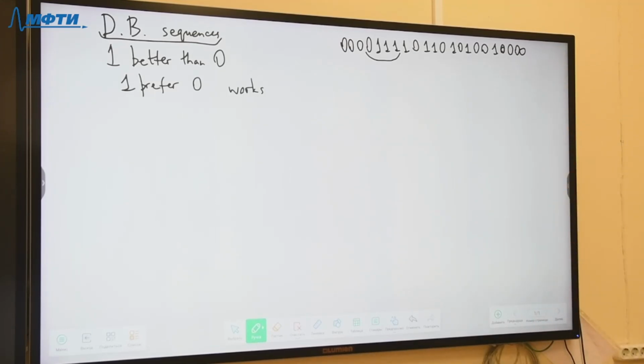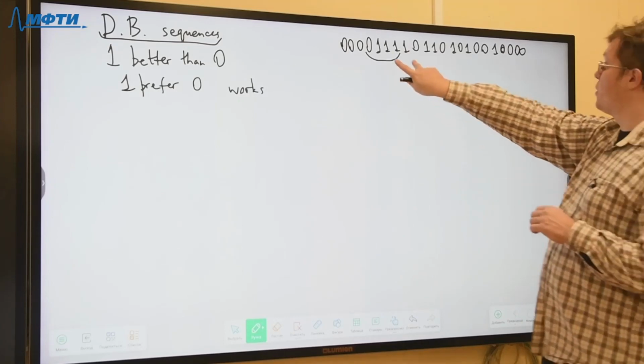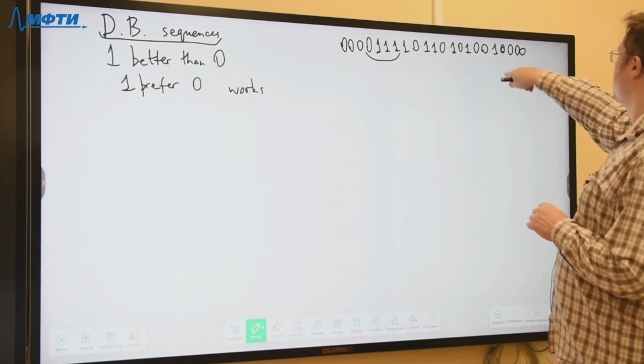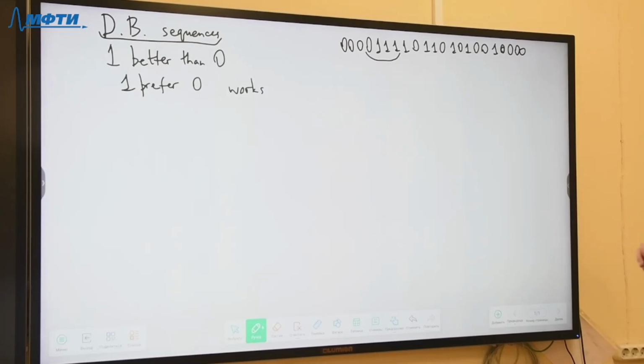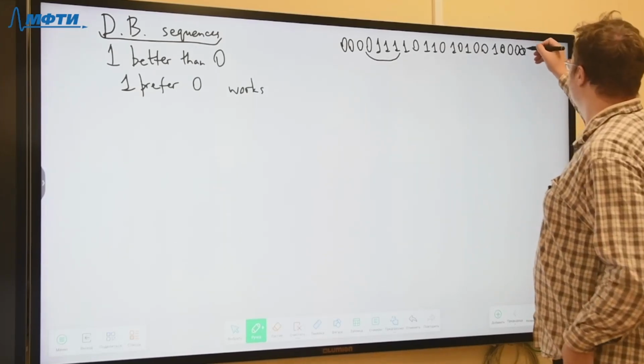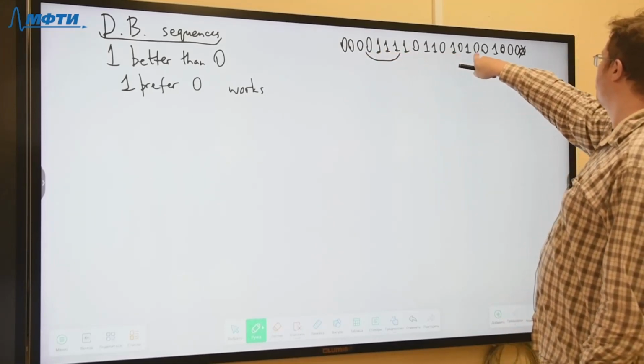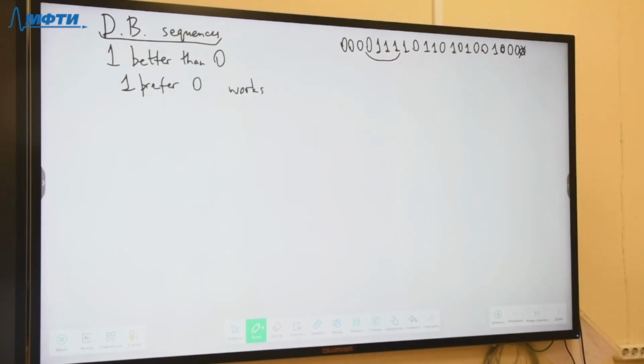So we need to provide all sequences of length 4. It means that we have 4, 8, 12, 16, 21 elements without the last elements.